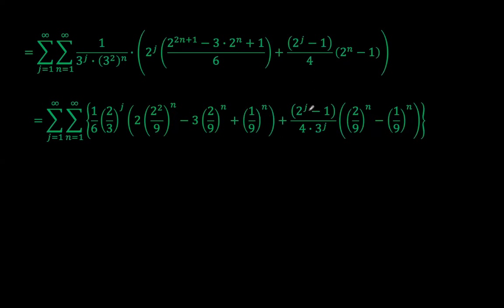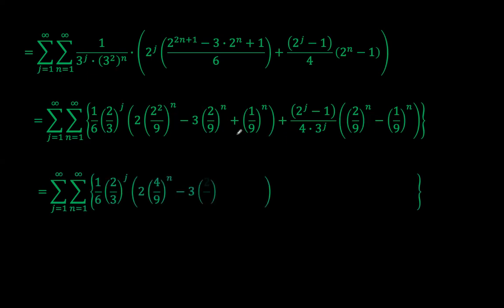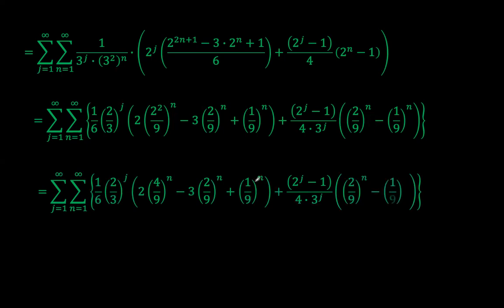And then here we have 2^j minus 1 times 4. And then 3^j got multiplied across, and 3^j, and then we have 2 over 9 to the power n minus 1 over 9 to the power n. Okay, so we do see that now we do have a geometric progression. We have common ratio 4 over 9 initial value 4 over 9, common ratio 2 over 9 initial value 2 over 9, common ratio 1 over 9 initial value 1 over 9. Same thing here as well.